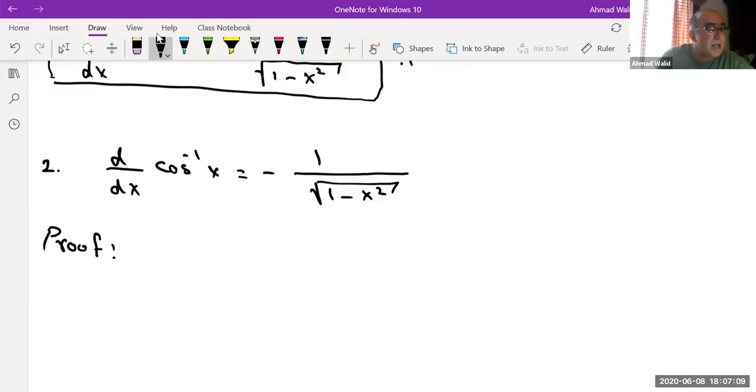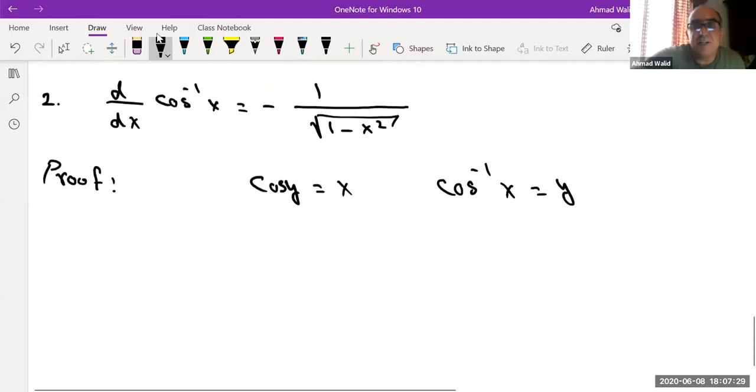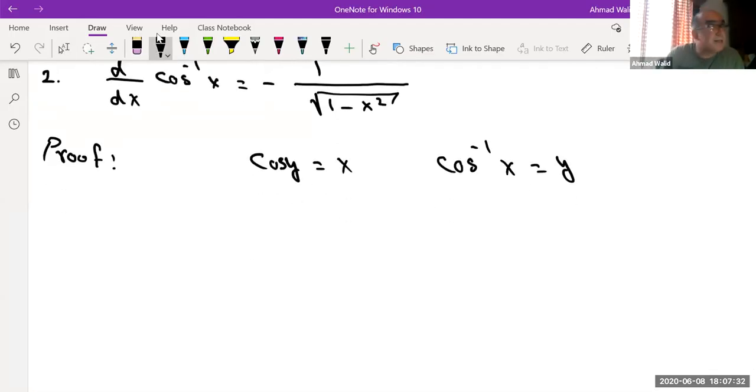Look, if cosine y is equal to x, then inverse cosine x becomes y. Correct? Let's start with cosine y equal x and differentiate this equation implicitly with respect to x.